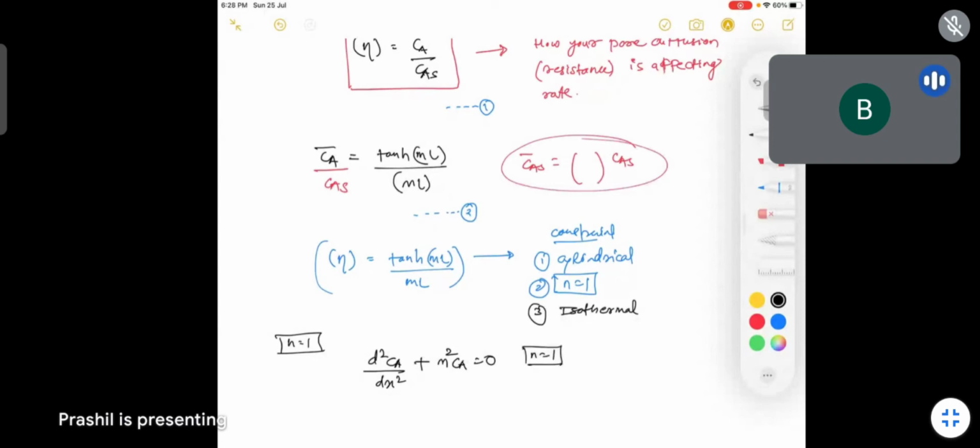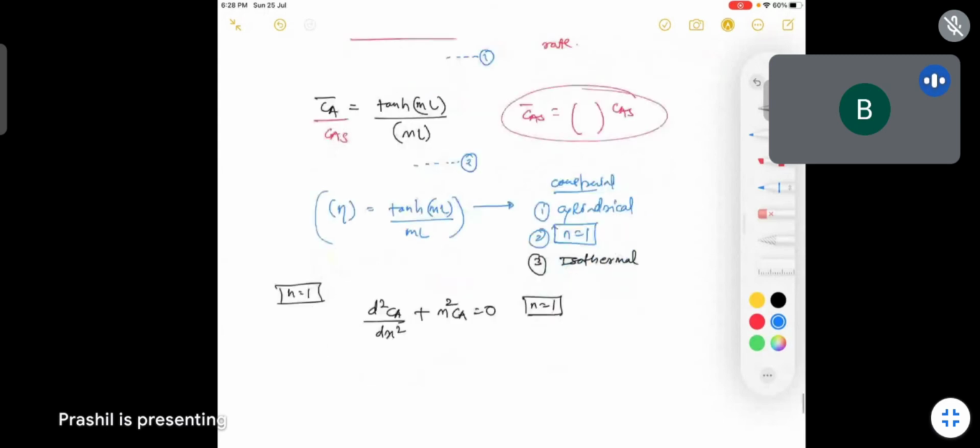And if you go back and find out, we will have d square Ca divided by dx square, it was a minus sign here, minus 2k double dash Ca divided by r into d.